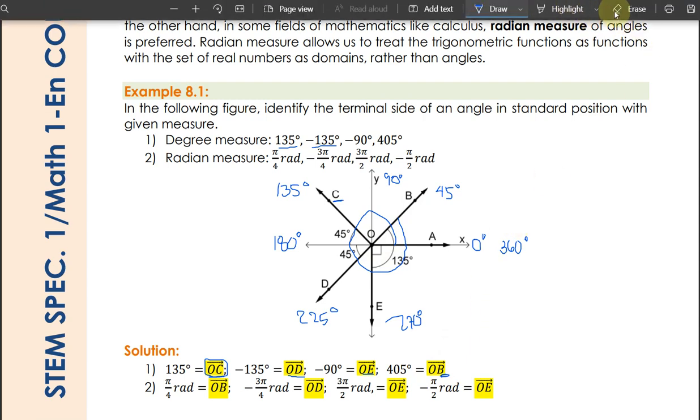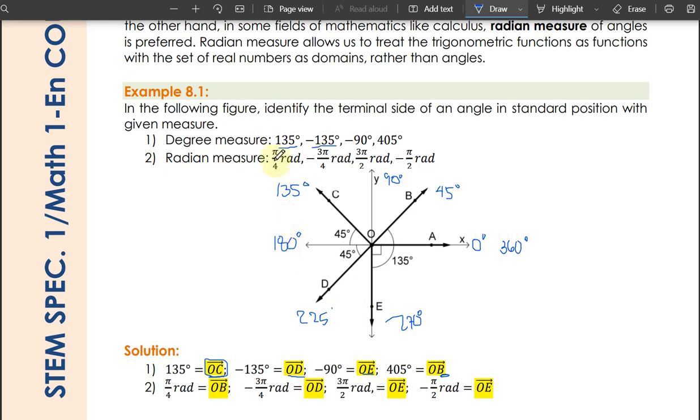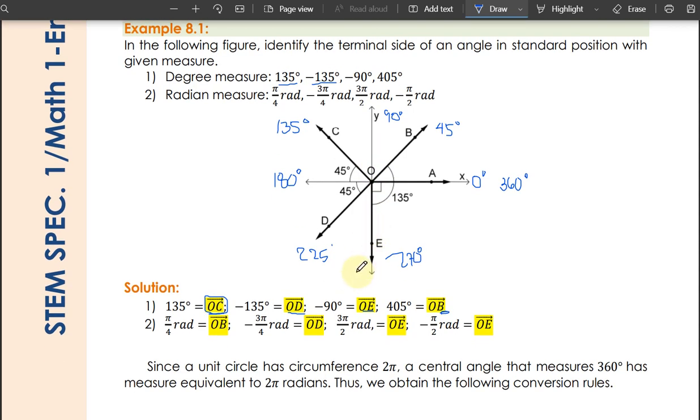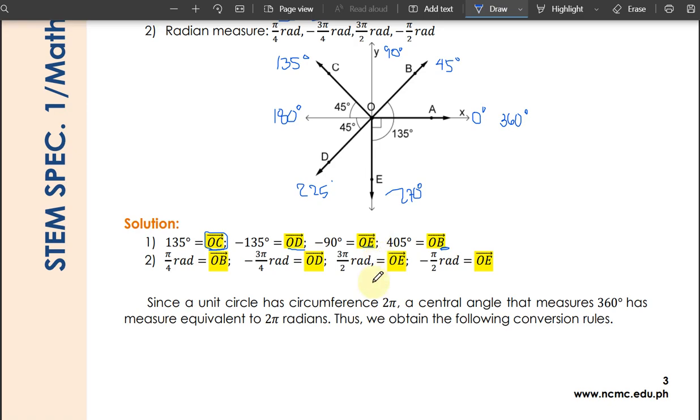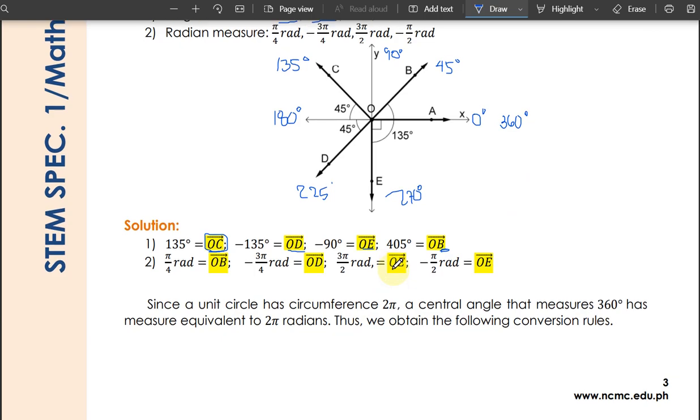So what about in radian measure? So where is pi over 4 rad located? To see its terminal side, before that, I will teach you how to convert degree measure into radian measure.